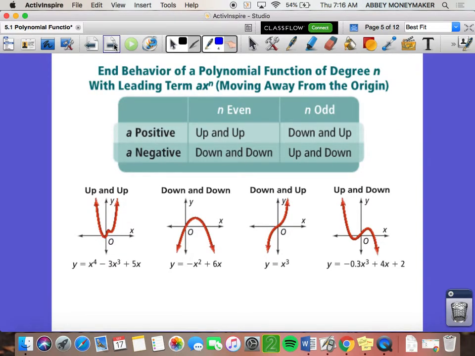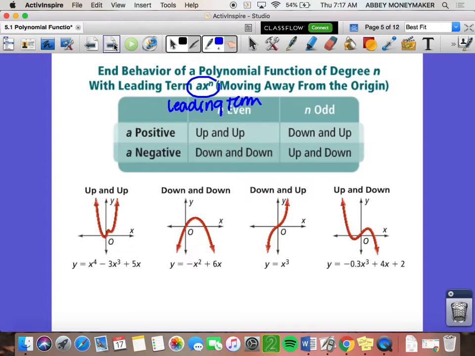And we can determine that by looking at our a value. So once we have our polynomial in standard form, we want to look at that first term that we are given. That's called a times x to the n. That refers to your leading term in your polynomial.